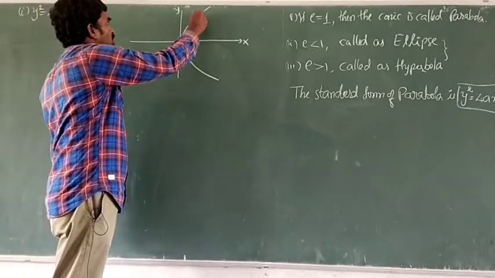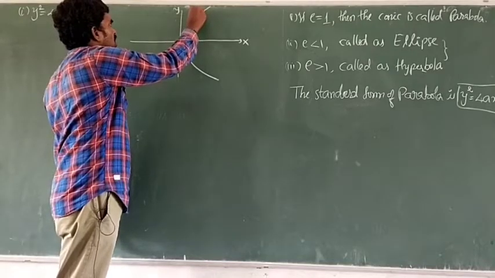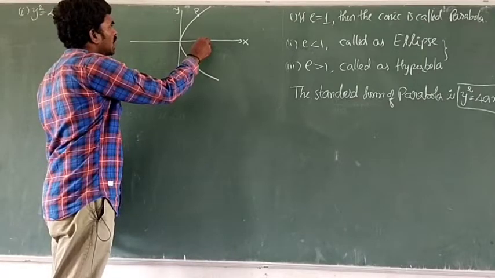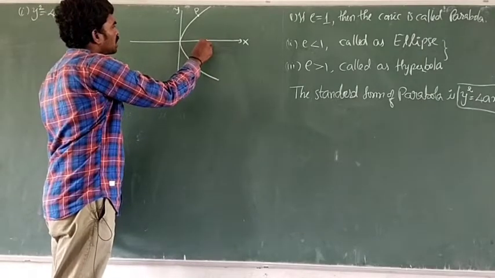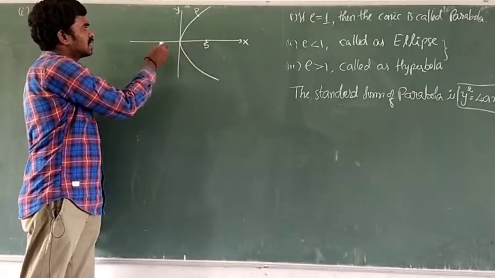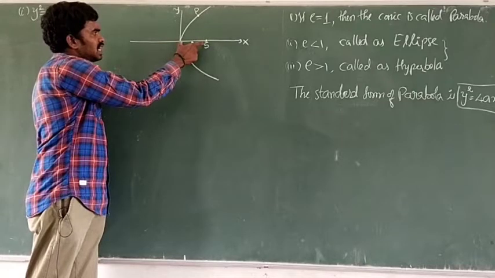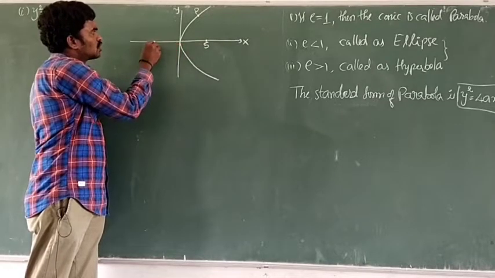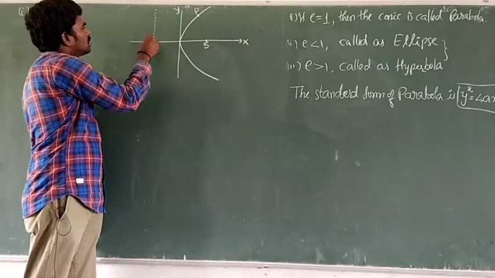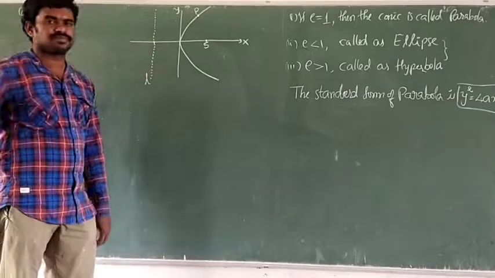A point on the curve is P and the fixed point, here I am taking capital S, and the directrix line is directly opposite to capital S at equal distance, the directrix line small l.